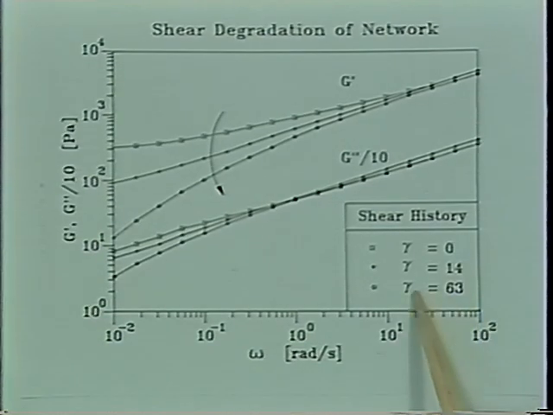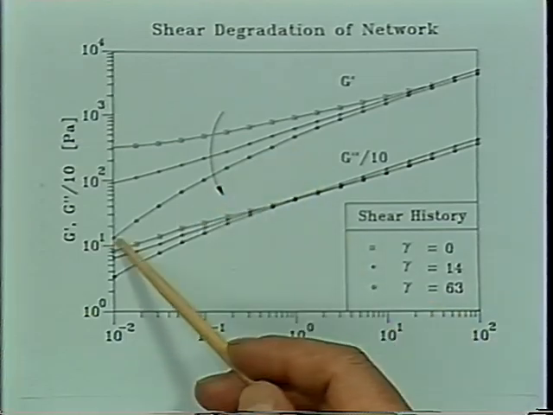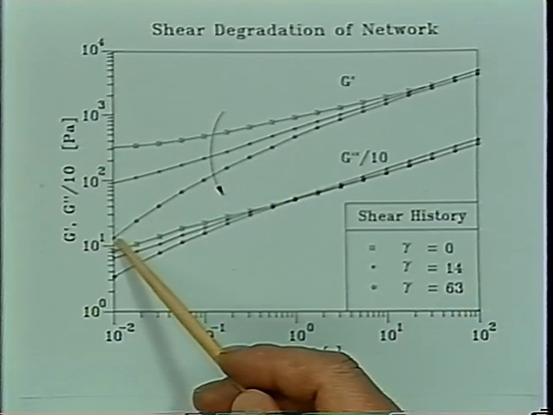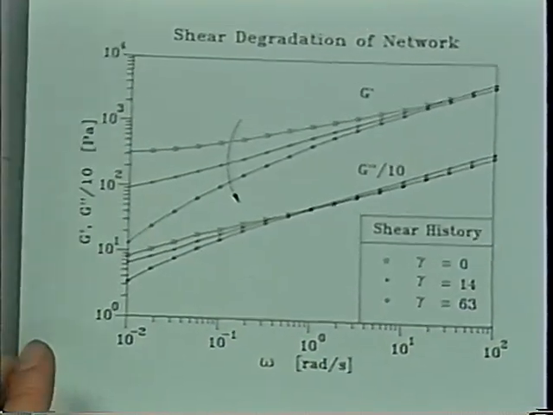But then if he imposes a bigger strain of 63 shear units, he really goes back to this liquid state again. It's a liquid, and this is G prime, G double prime. So by imposing large strains, the material goes back into the liquid state.